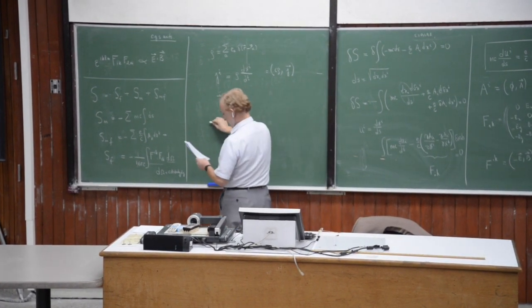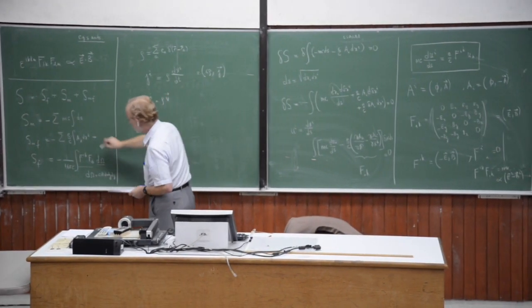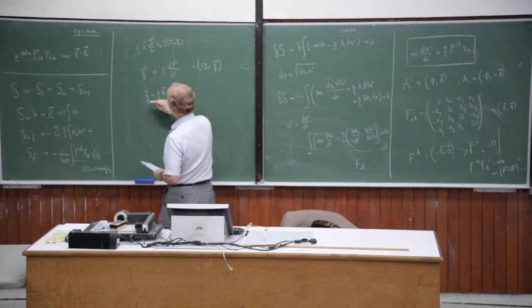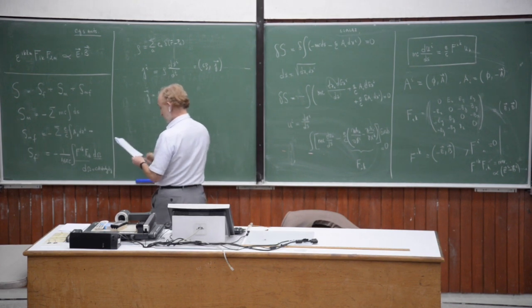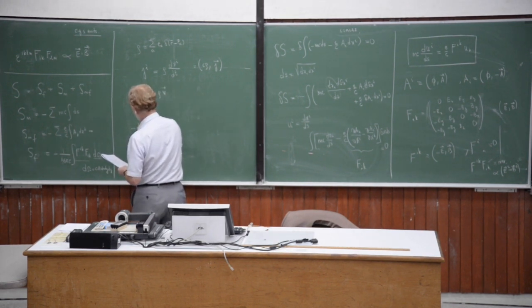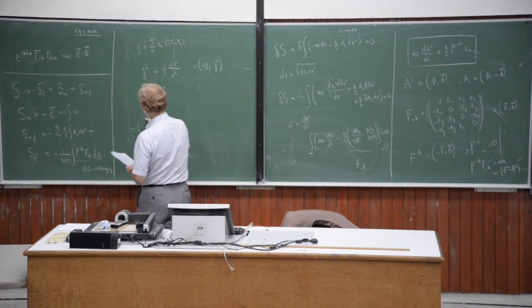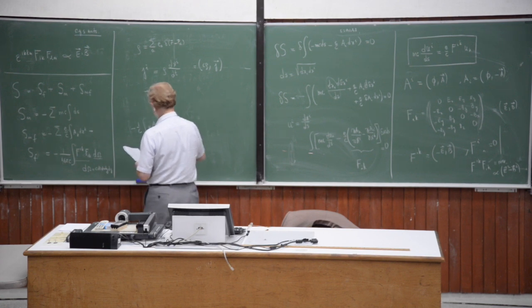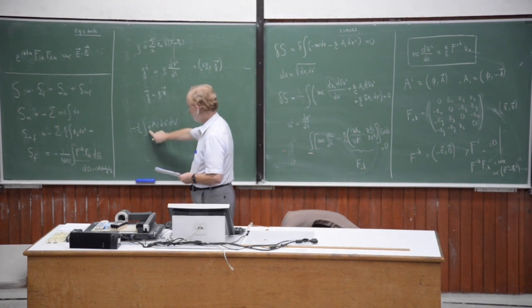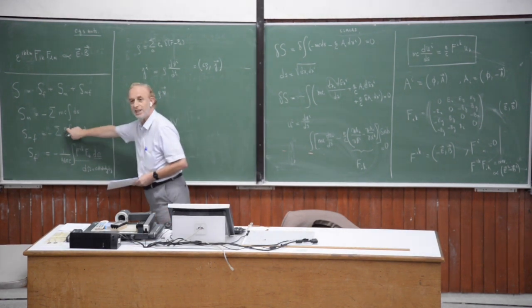Now I'd like to rewrite this as a function of J. So let's rewrite that. Minus 1 over c, the integral of rho A_i dx_i dv, the integral of rho dv, that's the sum over a.